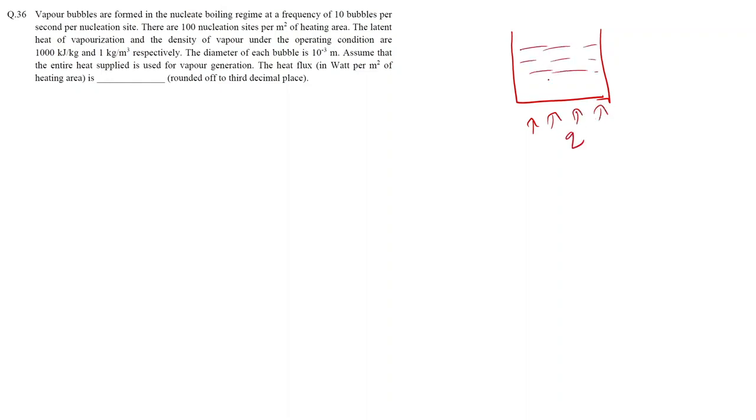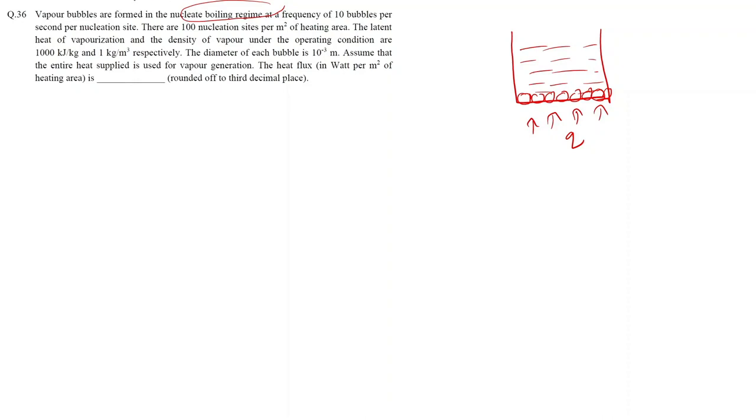We have the fluid inside the vessel, and in this nucleate boiling regime bubbles will start forming at the surface. Let's consider these are my bubbles, and these bubbles will help to exchange the heat.